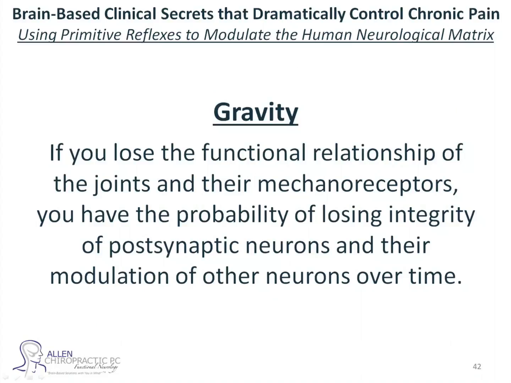If you lose the functional relationship of the joints and their mechanoreceptors, you have the probability of losing integrity of postsynaptic neurons and their modulation of other neurons over time. That is to say that for the spinal column, for example, the paraspinal muscles that move vertebrae, if those muscles go into spasm and you have a breakdown or a deafferentation of paraspinal input, then that's going to cause a breakdown in the postsynaptic tissues and a decreased modulation of that postsynaptic tissue over time.